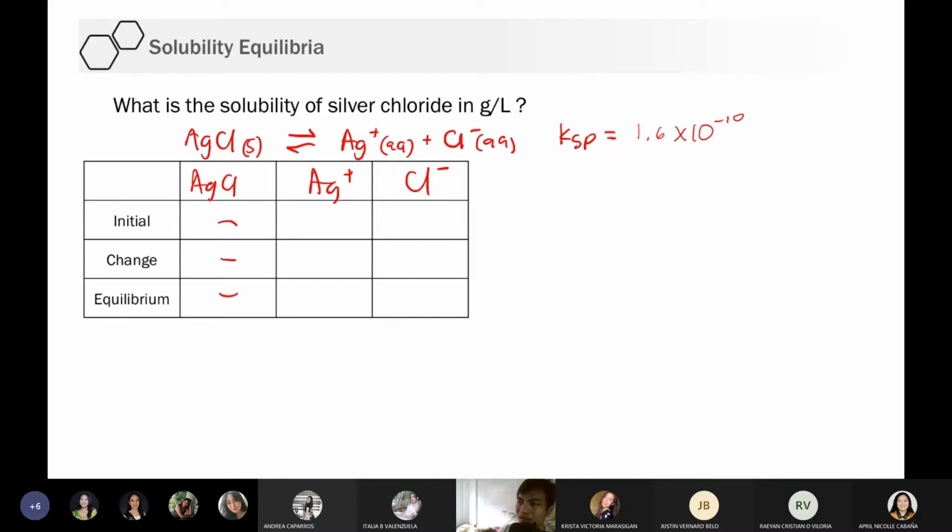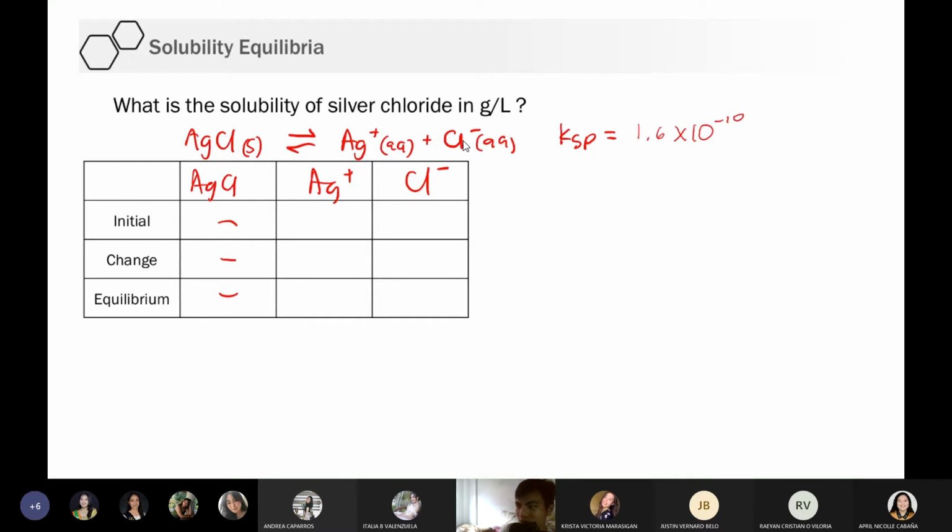So, indicating that AgCl, although it is a reactant, it is not considered sa ating equilibrium expression. It does not affect the equilibrium equations. Okay? So, only the ions matter.